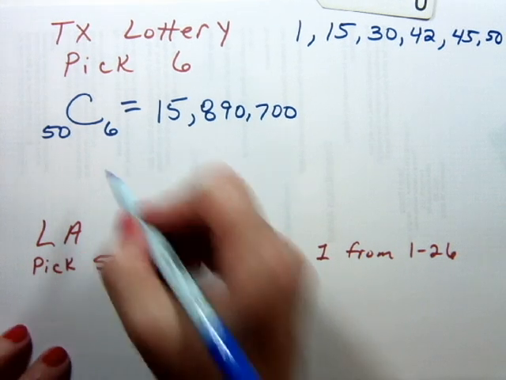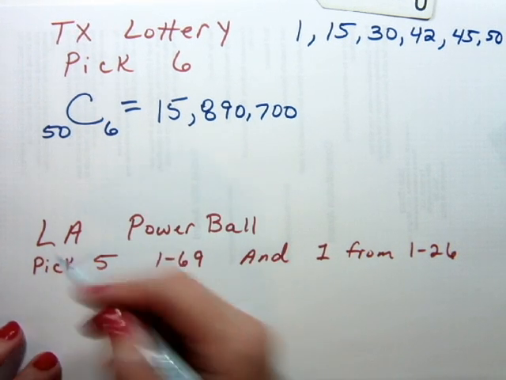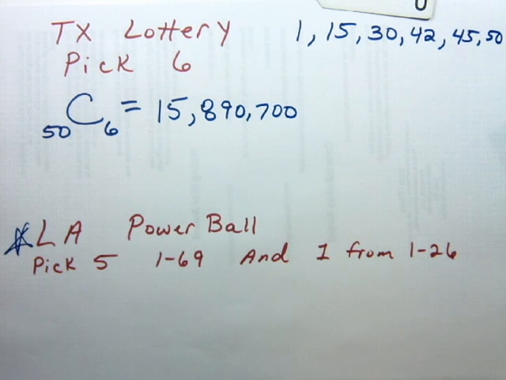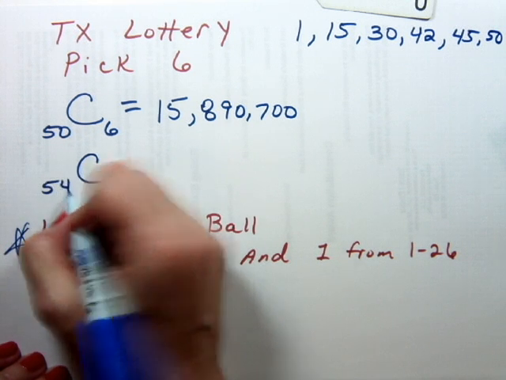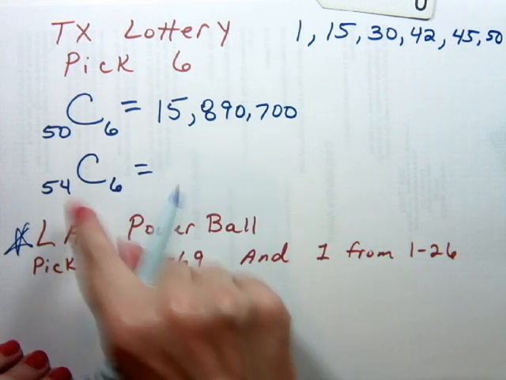But Texas started competing with Louisiana because the people in Texas started going to Louisiana because they have something called a Powerball lottery. And their lottery starts at a $40 million jackpot. So in Texas, we don't think a $10 million jackpot is enough. And ours gets high sometimes, or it did, but not that high. But guess what? Our jackpot gets high now because what the Texas Lottery Commission did was they added 4 little numbers.